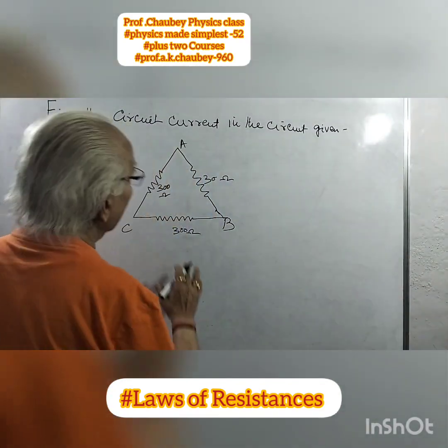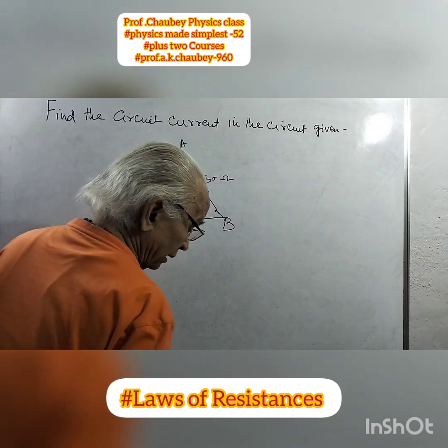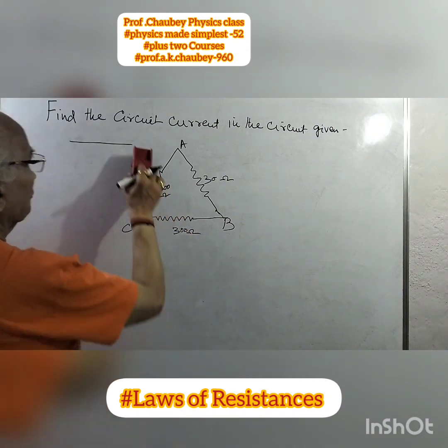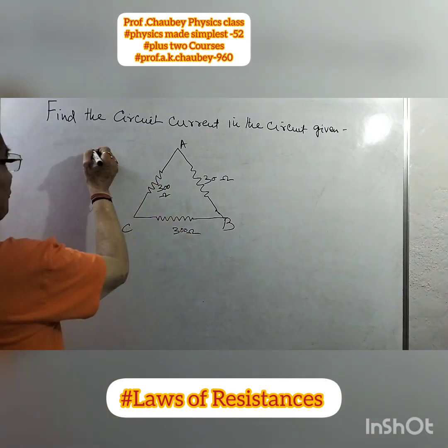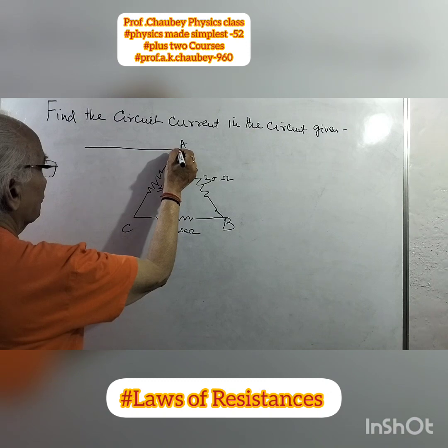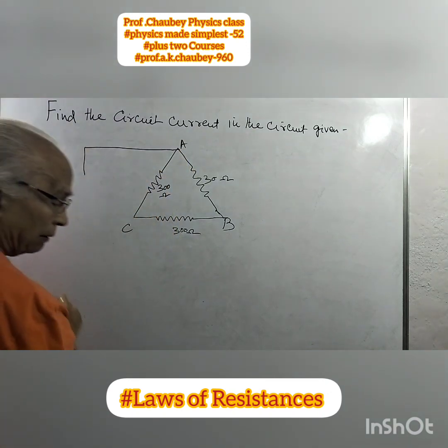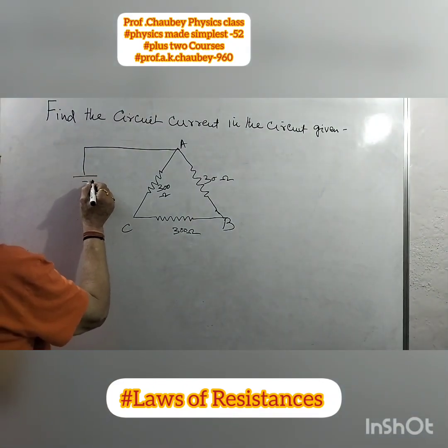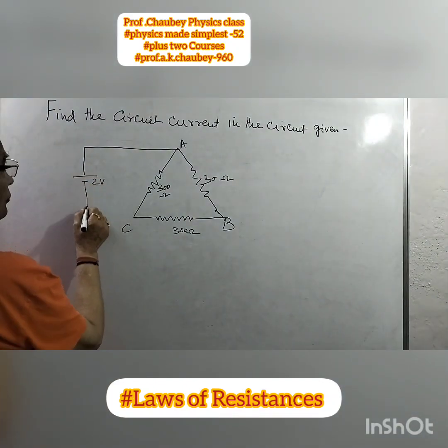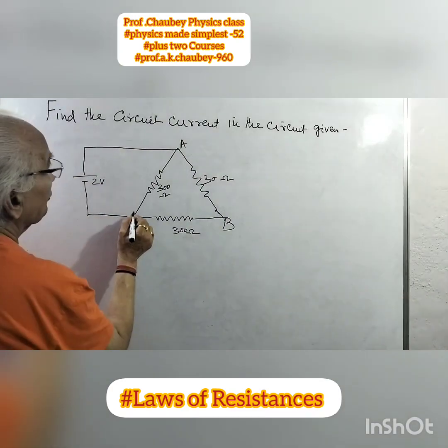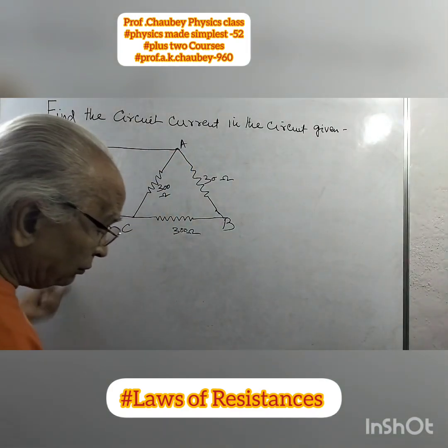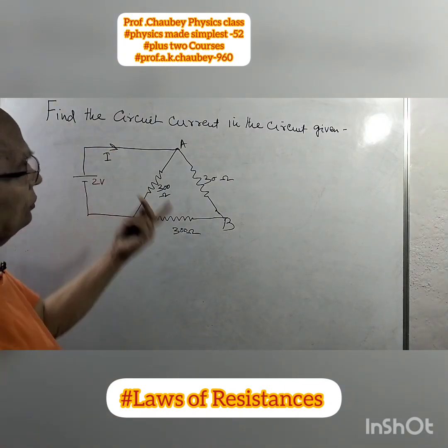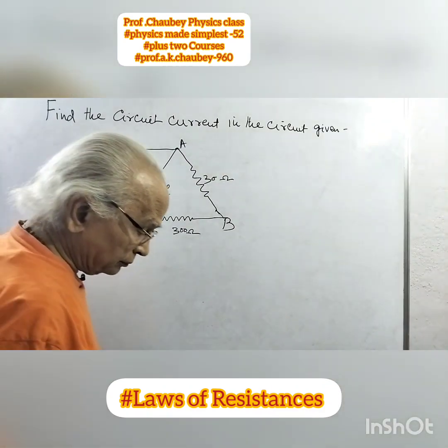And we have to find out the current in the circuit where a battery of 2 volts is connected here. So find out the current I using Ohm's law.